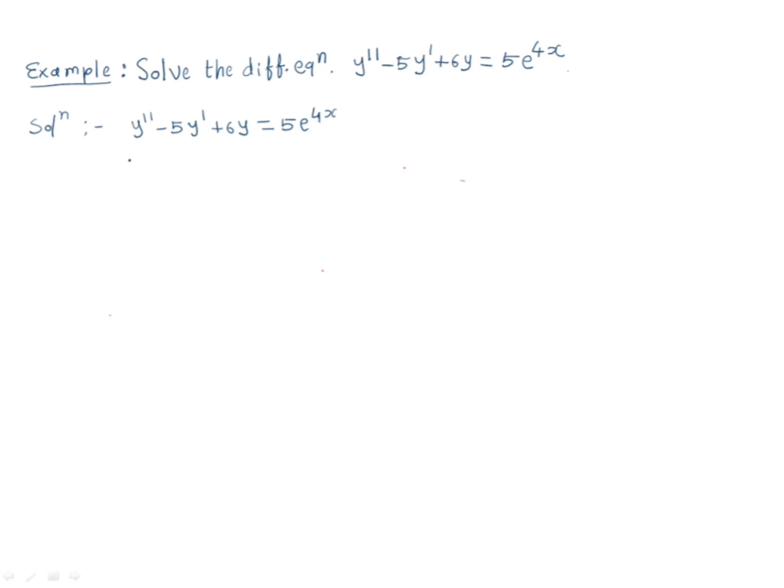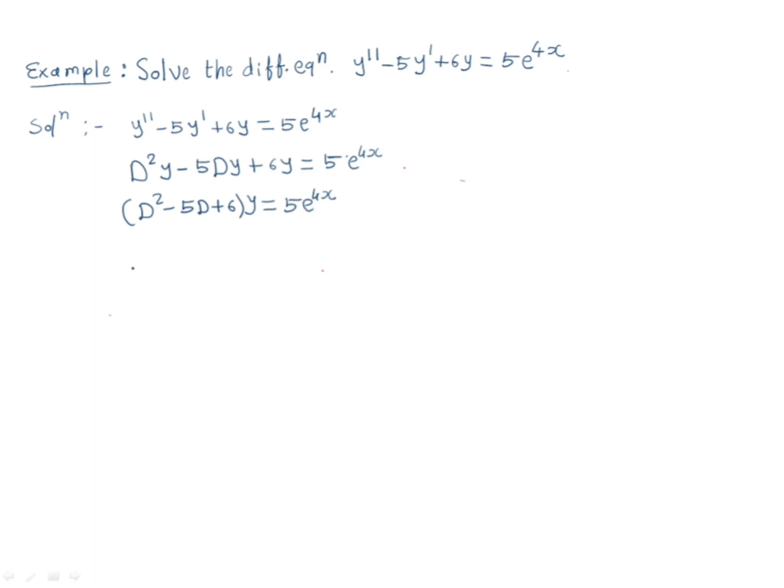The operator form of this equation will be d square y minus 5 dy plus 6y, and our right hand side function is 5 e raised to 4x. Now, d square minus 5d plus 6 acting on y equals 5 e raised to 4x.